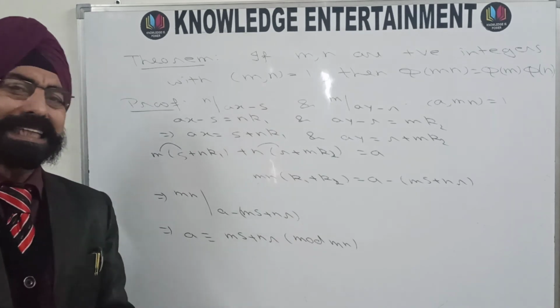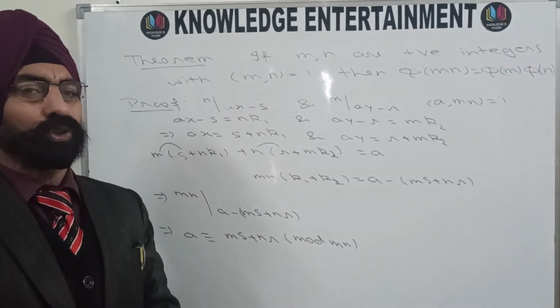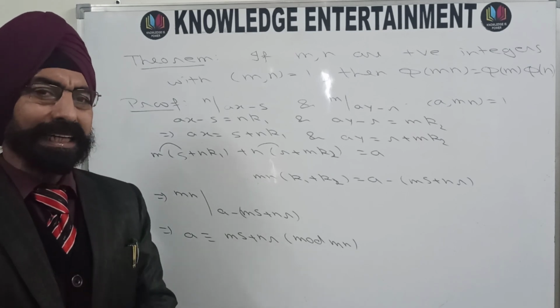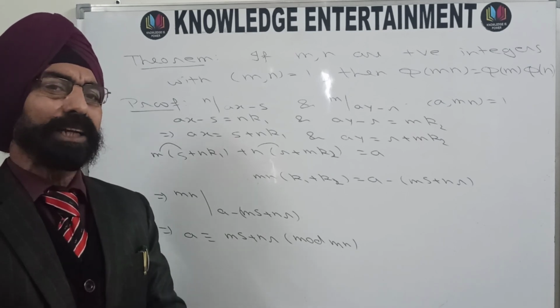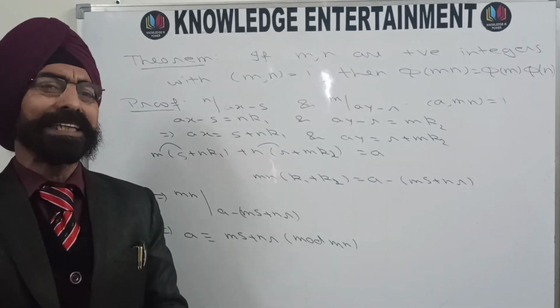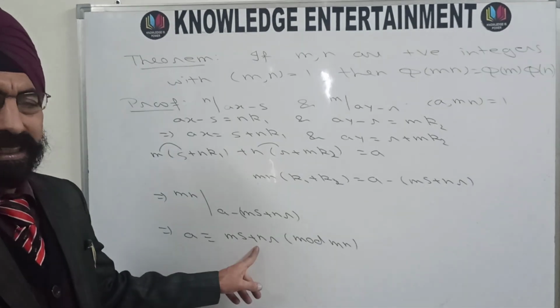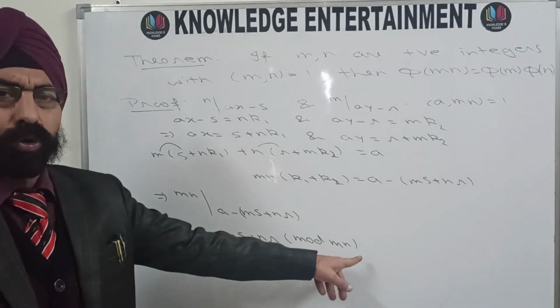And now by proving these three things: number one, every member of the set T is co-prime to mn. Secondly, no two members of the set T are congruent to each other modulo mn. And thirdly, if any integer a is co-prime to mn, then there is a member in the set T which is congruent to a modulo mn.